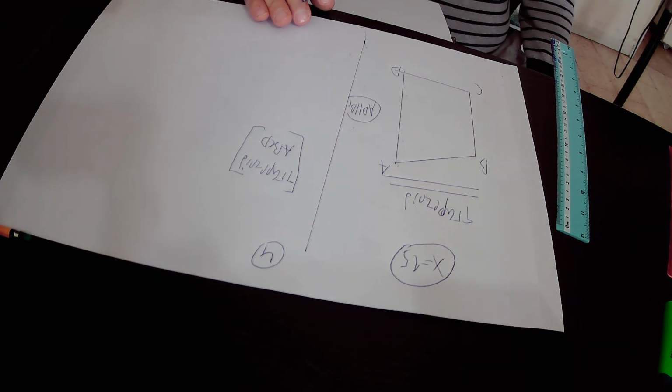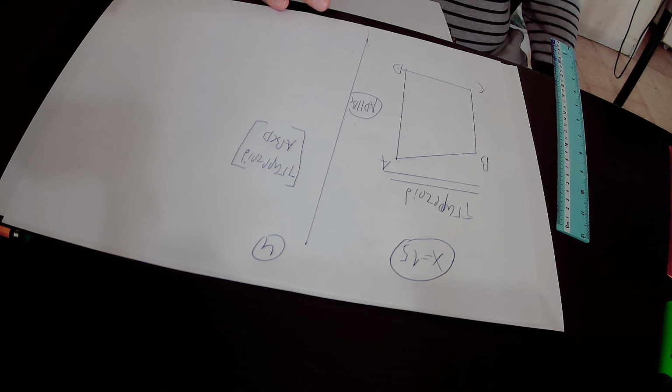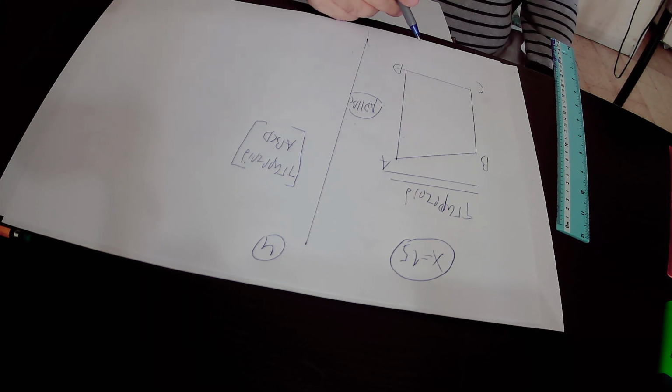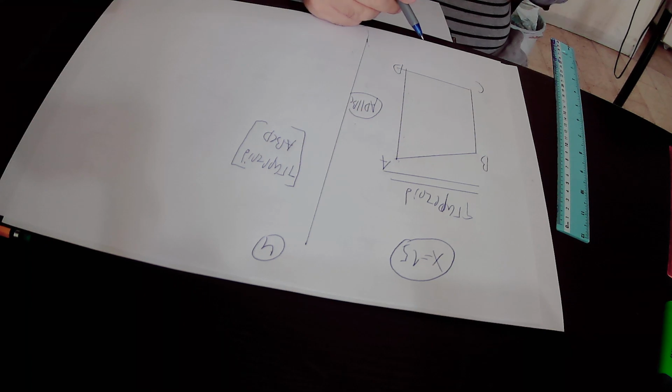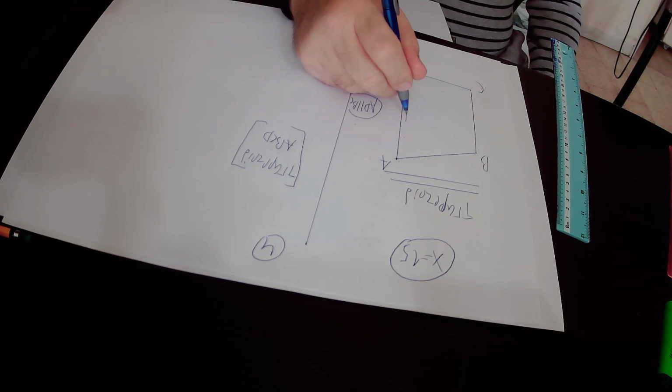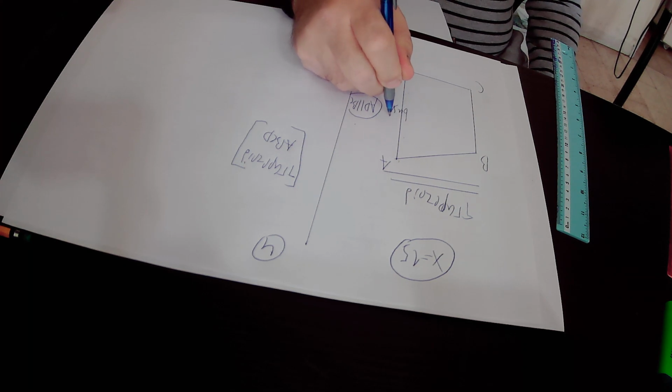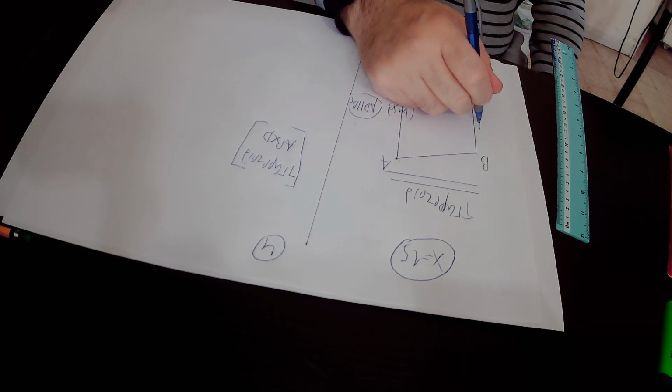Before that, the two parallel sides, that is to say side AD and side BC, are defined as the bases of the trapezoid. So AD is the first base and BC is the second base.